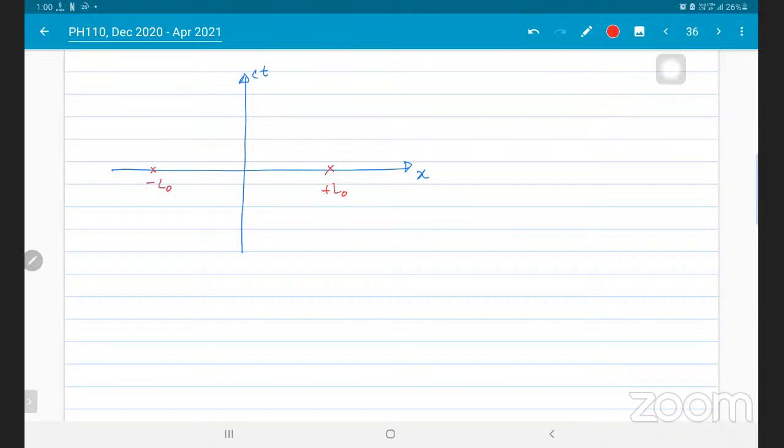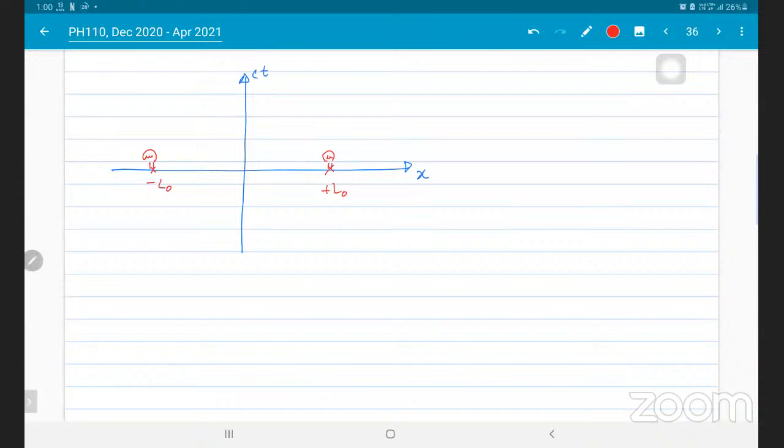And these are two lamps, let's say. Okay. And they emit a flash of light at time t equal to 0.